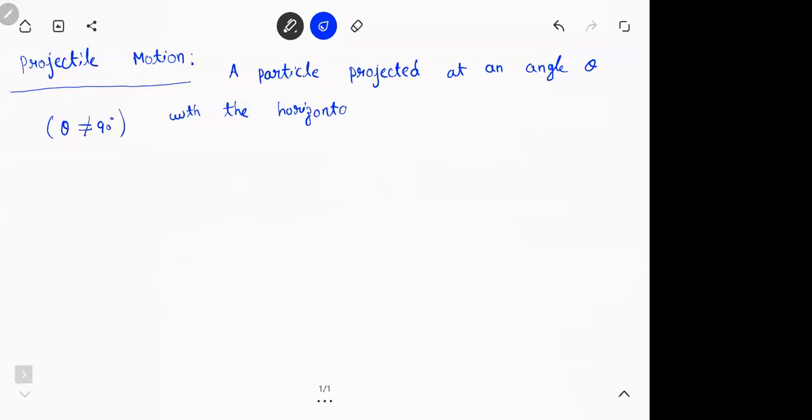So anything that you throw at an angle other than 90 degrees is called a projectile, and its motion is called projectile motion.